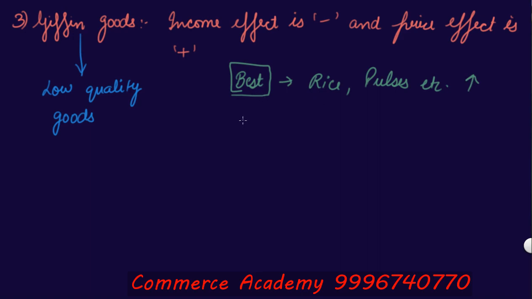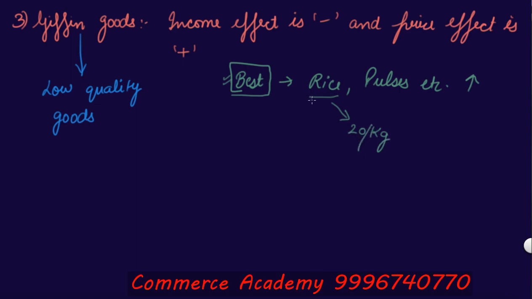What you get from the general stores, I won't say it is low quality, but definitely a quality lower than what Best offers. So if a poor BPL person, a below poverty line person, has to purchase rice, he will purchase rice at 20 rupees per kg.